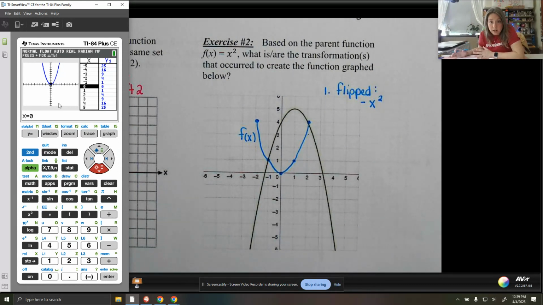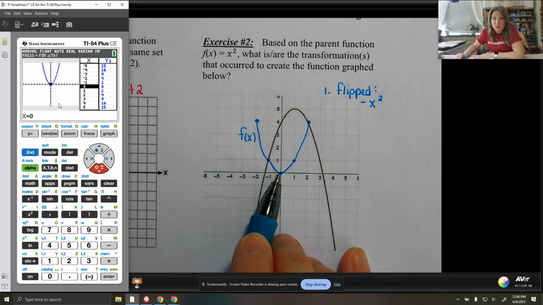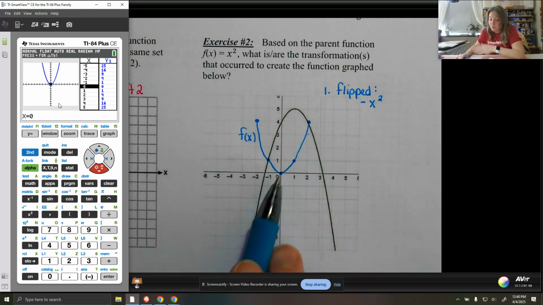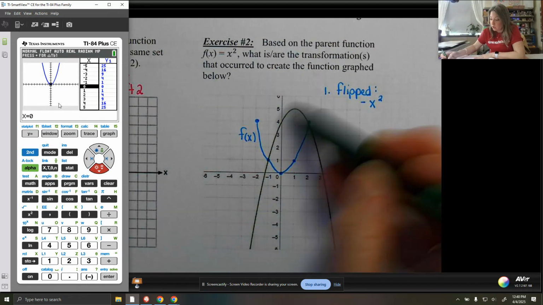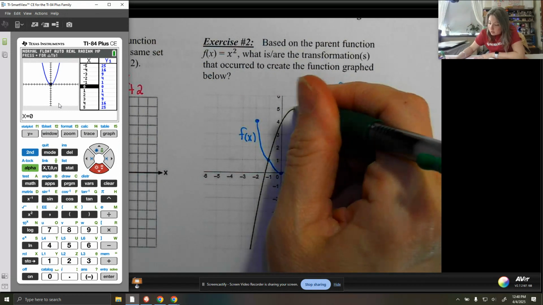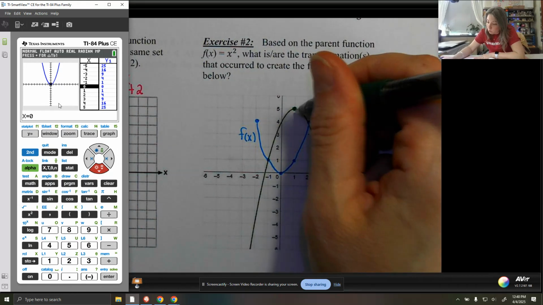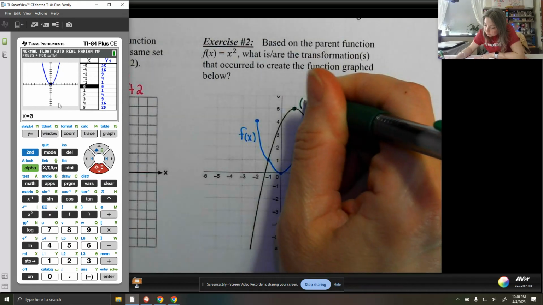The second thing I notice is if I just flipped this upside down and only multiplied the front by a negative, well, then my vertex would still be at 0, 0. And for this green function here, that is the movement, it is definitely not at 0, 0. In fact, it's at a positive 1, positive 5.